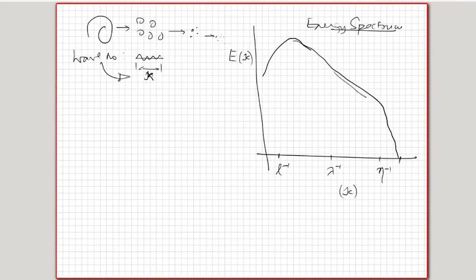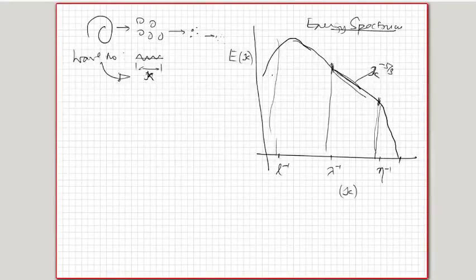So there is a kappa to the power of minus 5/3 slope that you get in this region from the Taylor microscale to the Kolmogorov microscale. After that, if you draw lines here, then this is the large eddies.